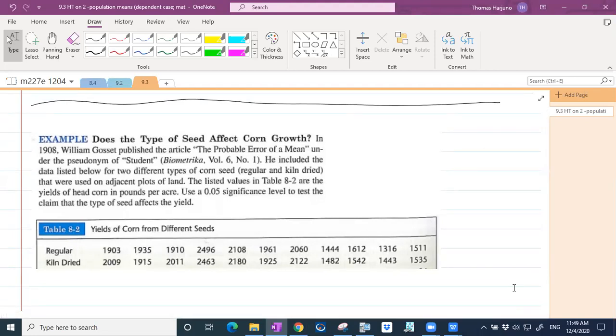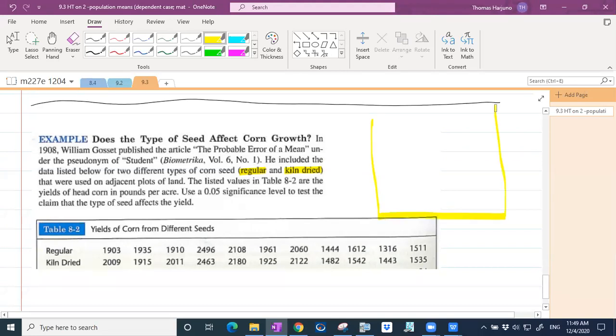So this person, William Gossett, he is the person who invented the t-distribution. He would like to know, so he applies what he got into the following situation. There are two types of seed, the regular seed and kiln dried seed. And he plants these on different plots.